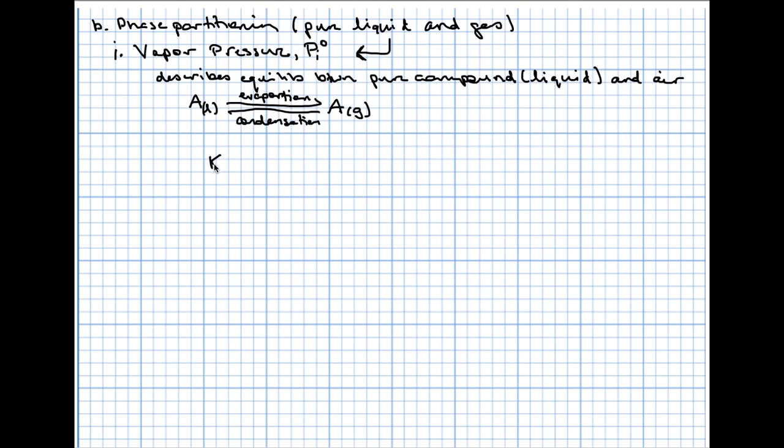So the equilibrium relationship is, as I said, the vapor pressure, and that describes the ratio between the partial pressure of species A in the gas phase and the activity of the species A in the liquid phase, but the activity of compounds in their pure state is equal to 1.